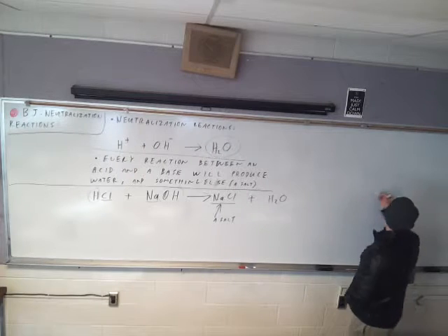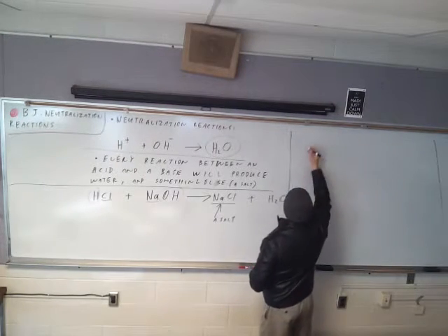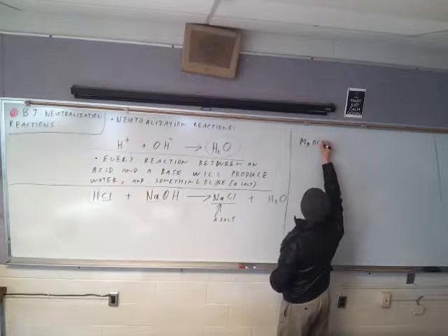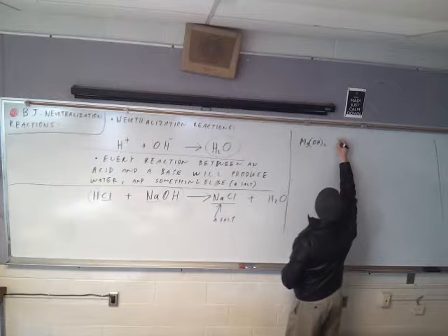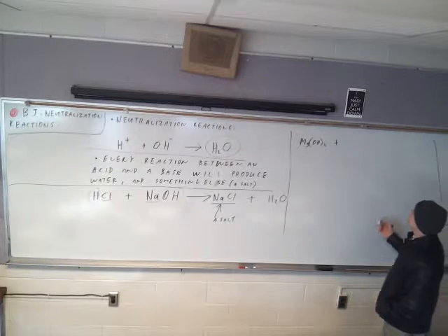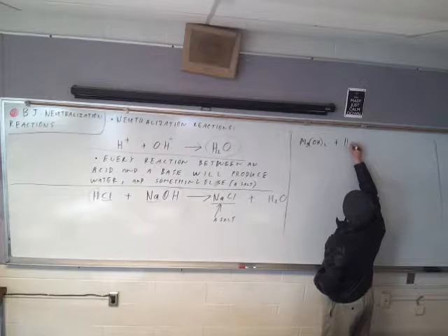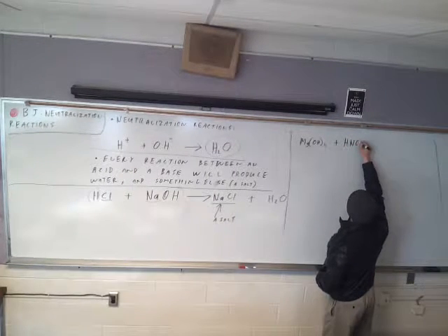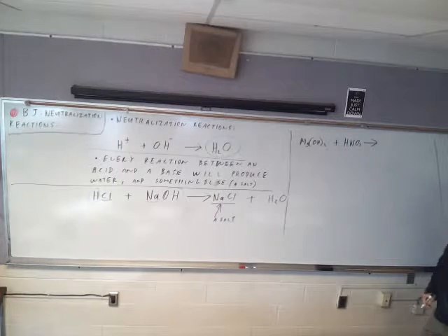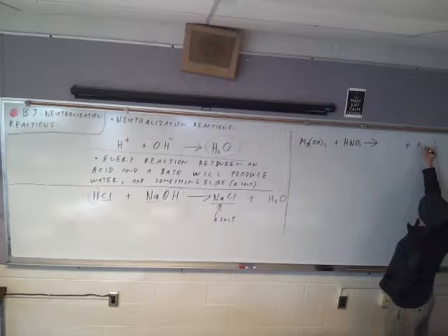So let's do another one. Say we had magnesium hydroxide plus, I don't know, does anybody have any favorite acid they want me to use? Let's do nitric acid. Here we go. So obviously one thing that's produced is going to be H2O.